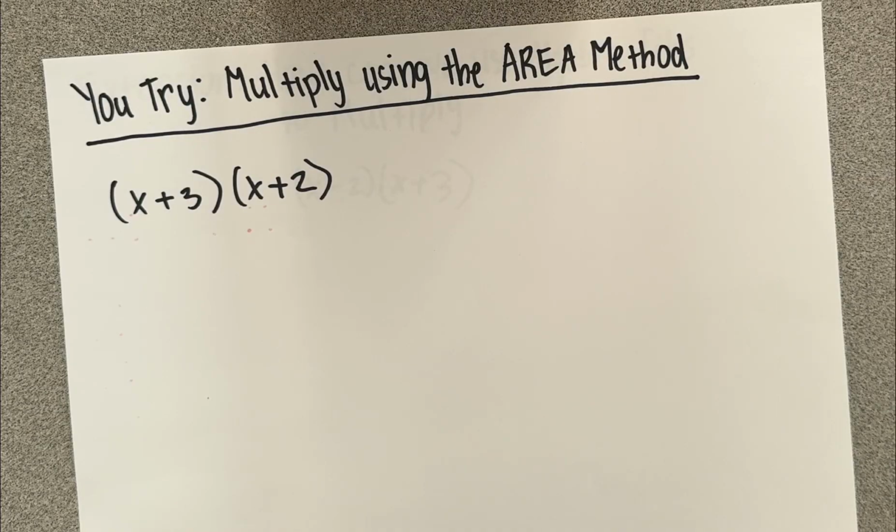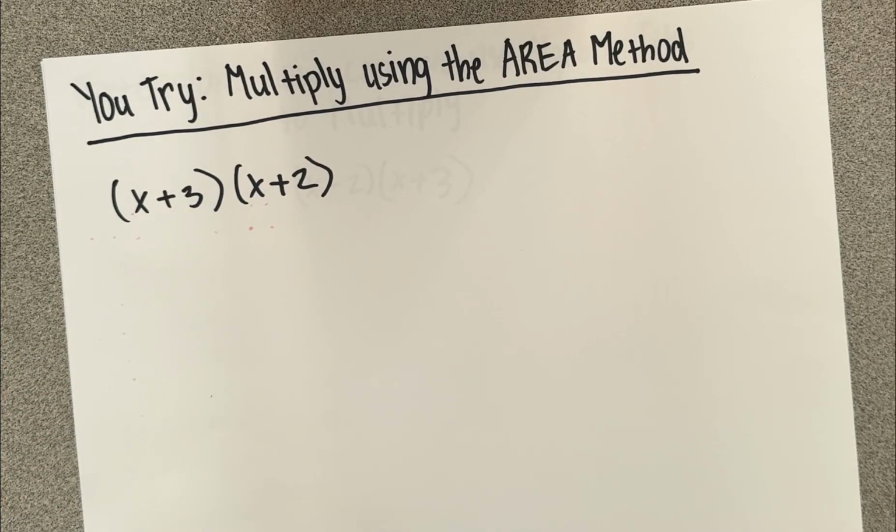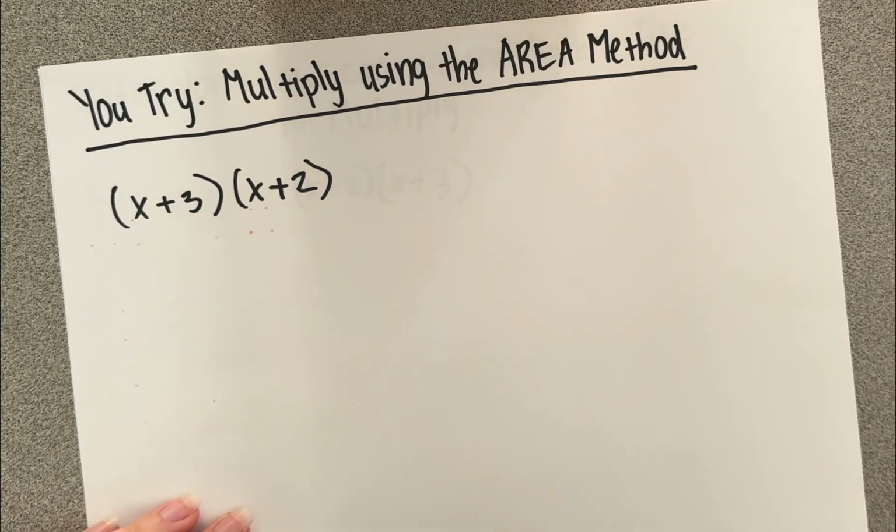Now go ahead and try to do this one by yourself. So for this one, we have x plus 3 and x plus 2. So go ahead and try to draw out the area model by yourself first.